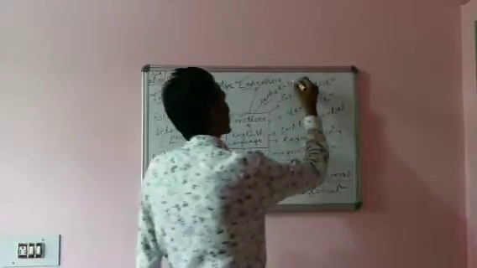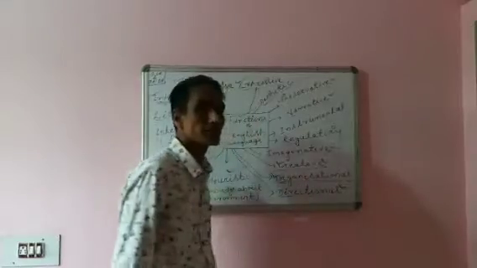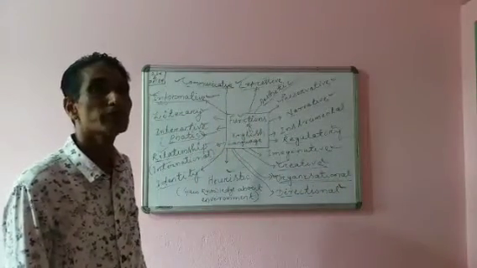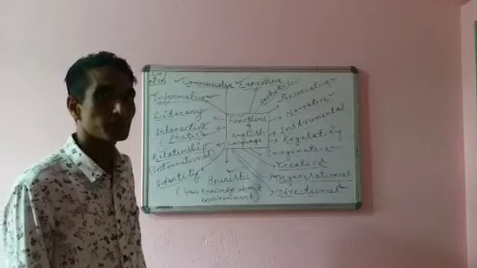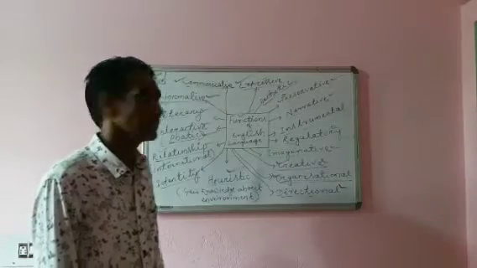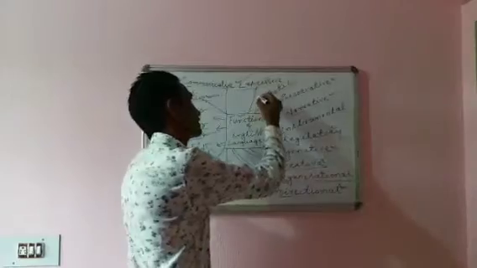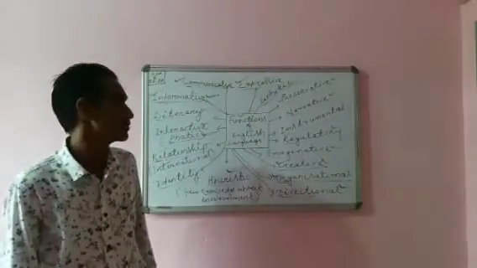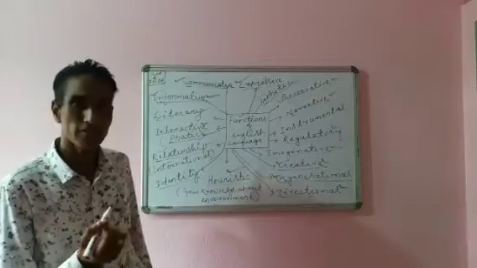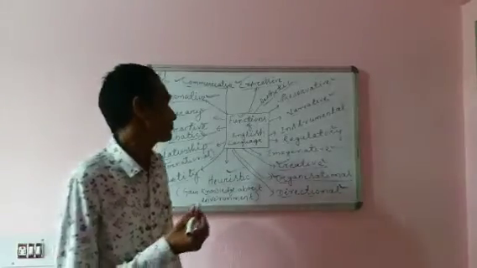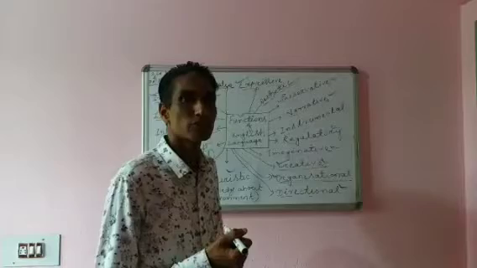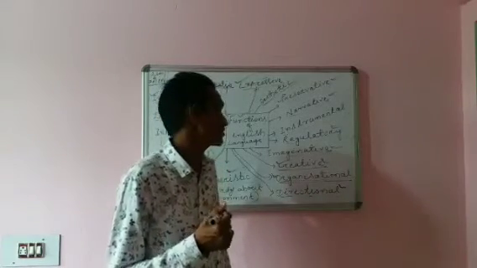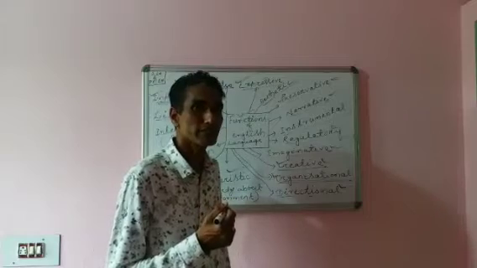Next is the aesthetic function. Aesthetic means it is related to beauty, the beauty of a language. Every language has its own beauty. The beauty of an alphabet, the beauty of letters, the beauty of words, the beauty of sentences, the beauty of poems, the beauty of prose, the literary beauty.